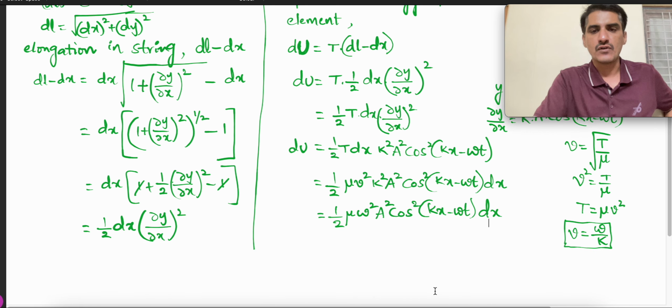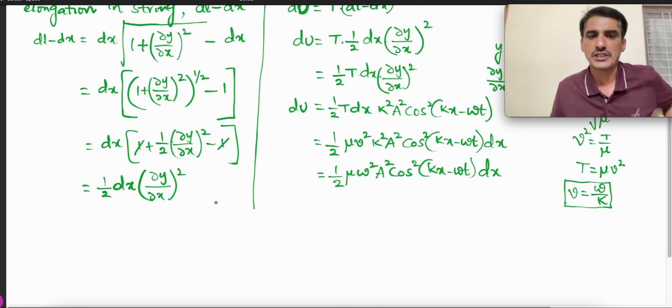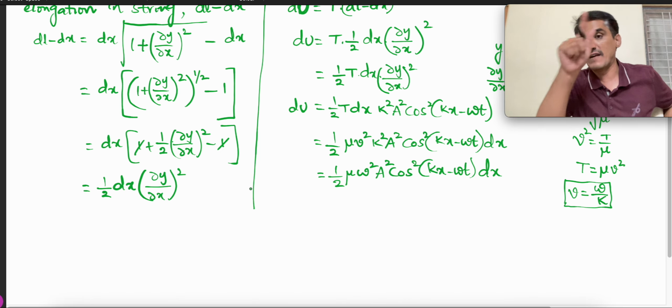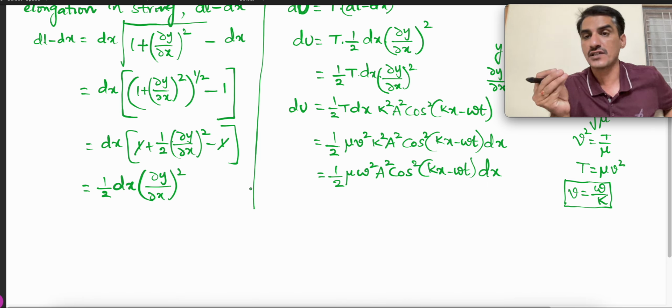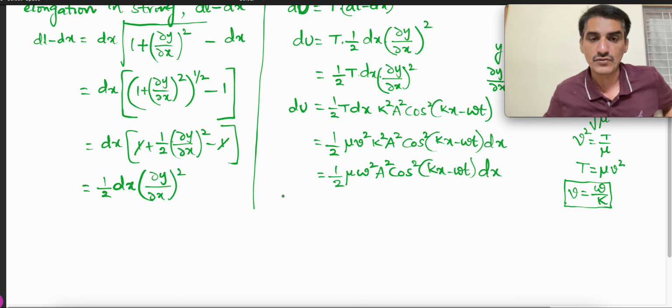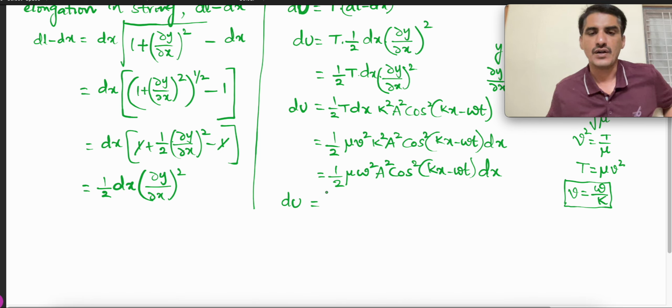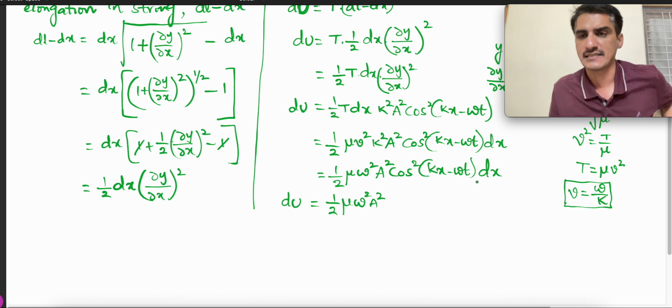Now if we want to find the average value of the potential energy which a string gains for one wave, that is, how much average potential energy the string gains, then we integrate: du is equal to half into the integral of cos square (kx minus omega t) dx with respect to x.